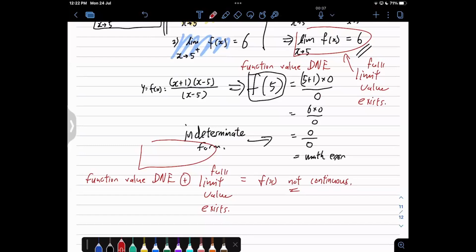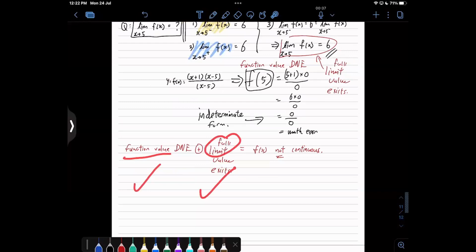Then when can you be continuous? You can only be continuous when you satisfy both conditions. Function value exists. Full limit value also exists. That's the formal way to define it. Okay? So f of x is continuous. I'm going to introduce this symbol. It's called if and only if.